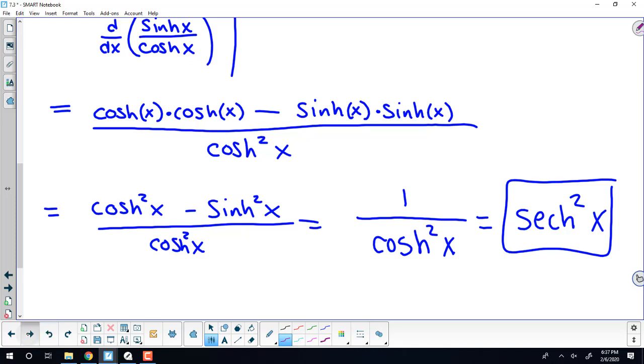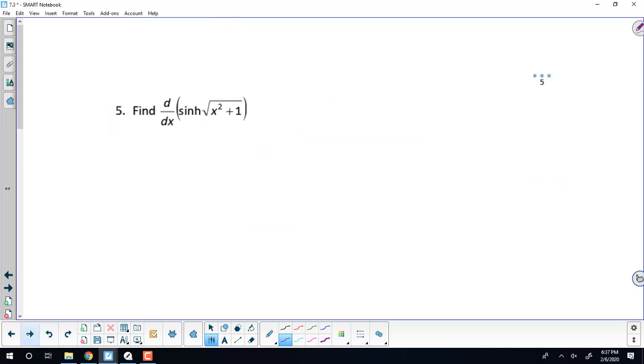All right, a few derivatives. Well, I guess one derivative, a couple of integrals. That's really all we have for 7.3. Okay, so we've got to find the derivative of hyperbolic sine of the square root of x squared plus 1.